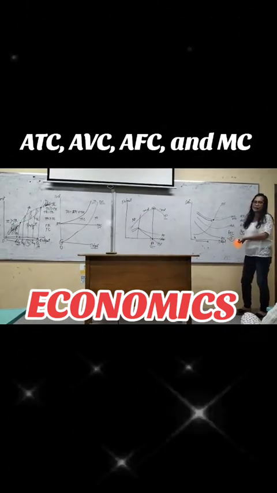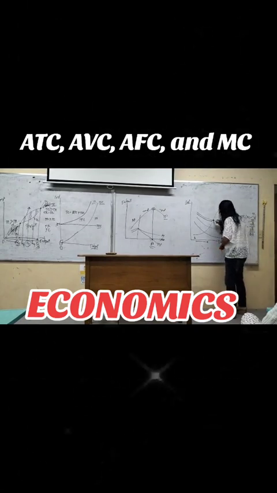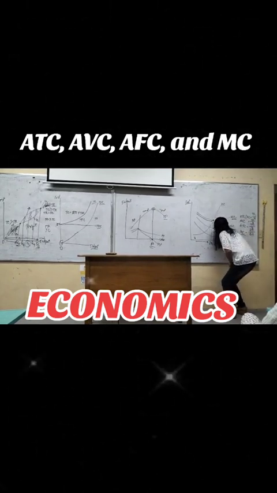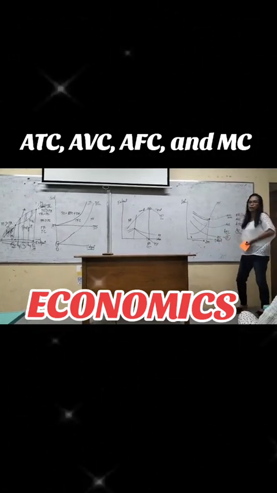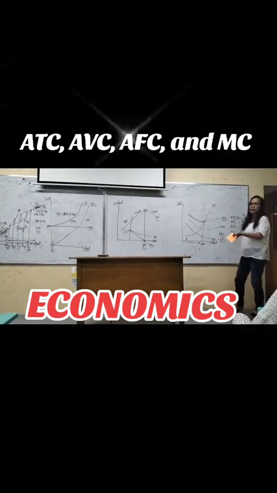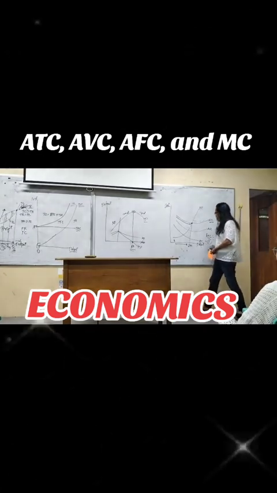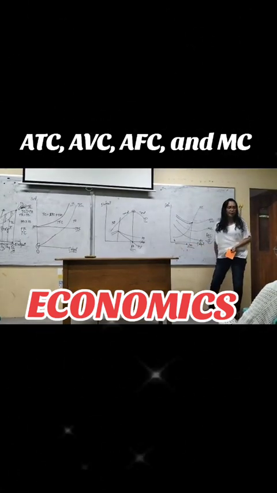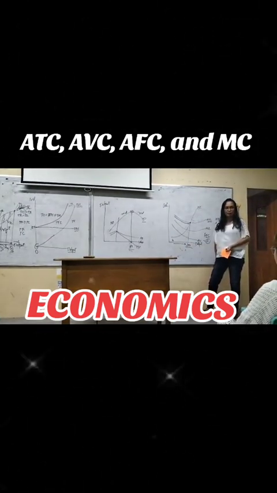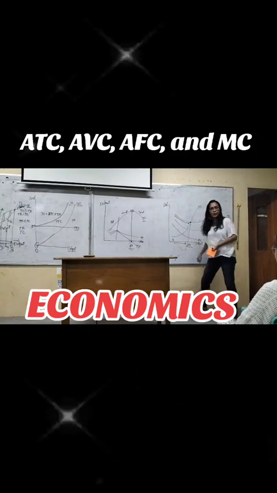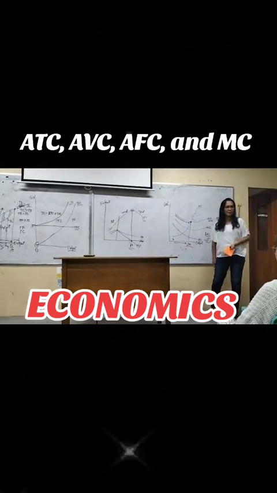That shows the firm should stop producing. Shall we say this is 200 units? The firm should stop producing additional output if it reaches 200 units, because that is where the firm will be able to minimize its cost.